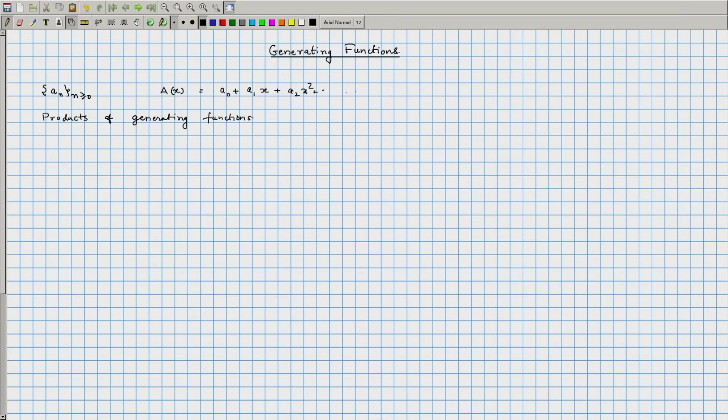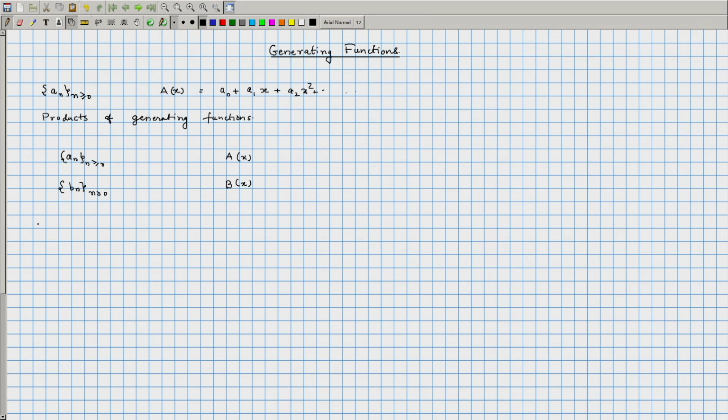So, let us look at the following. Let us say we look at two sequences, one is an and its generating function, let us say we denote it by Ax, and there is another sequence Bn and its generating function we denote by Bx.